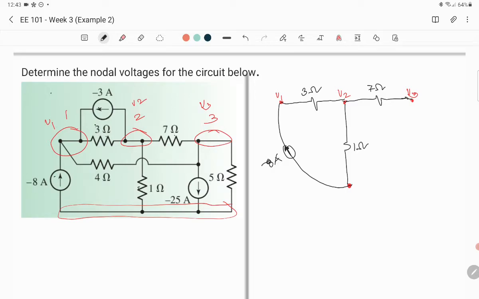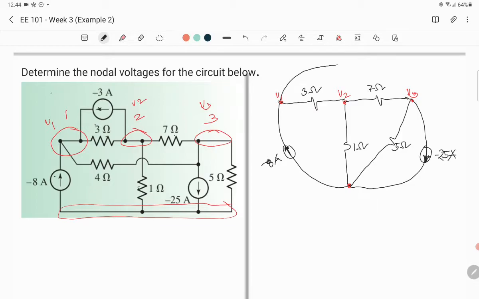Then at V3, you have your 5 ohms resistor. In addition to that, you also have your current source here, negative 25 amperes. What else? We have a 4 ohms resistor between node V1 and node V3.